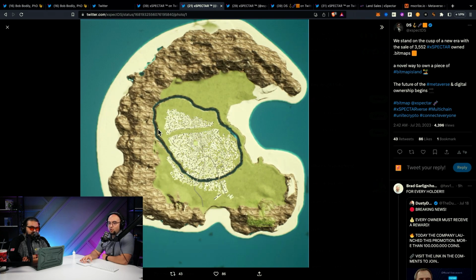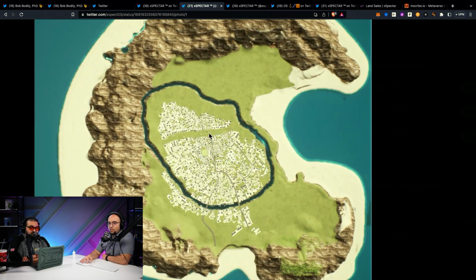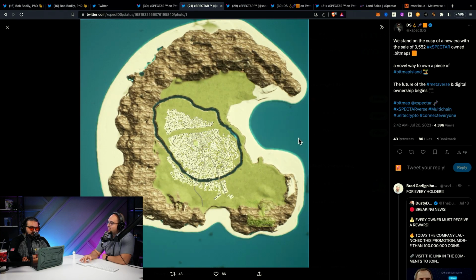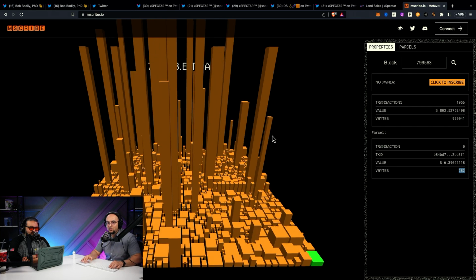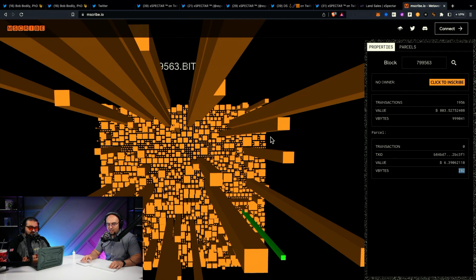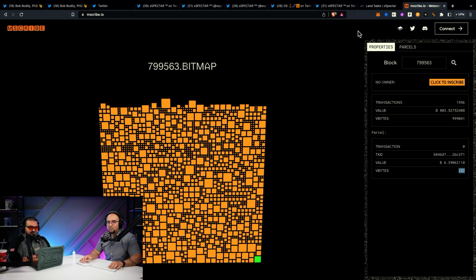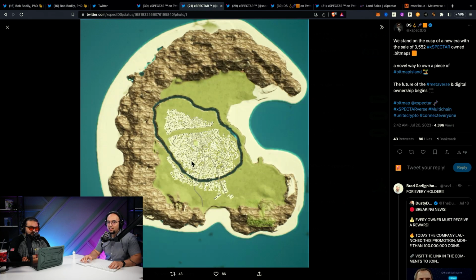So how I would do it is I would make 3,500 versions of these islands, and then superimpose one of these bitmaps on top of each island, and then the owner of that bitmap can distribute the parcels, the segments, the little squares.